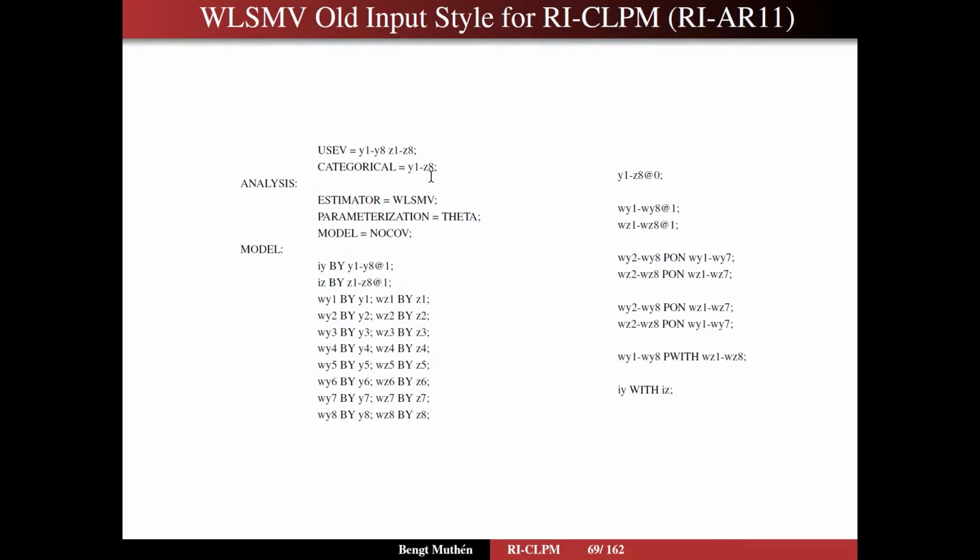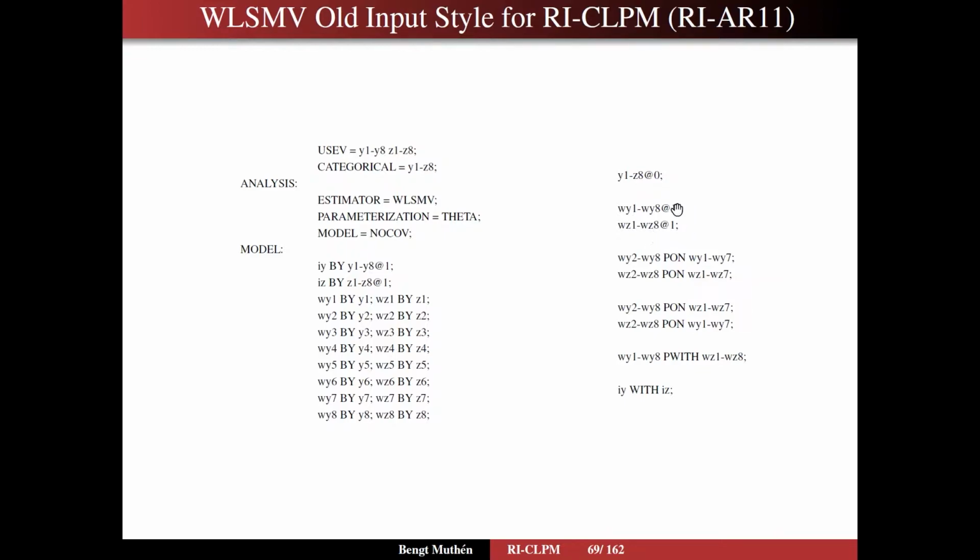So the variables are categorical, estimated with WSMV, we use parameterization theta, and we have the two random intercept factors here, and then we define these within factors for each of the variables, for both Y and for Z, suicidal ideation and substance abuse. And we fix the residual variances at 0, in line with the old style of doing things.